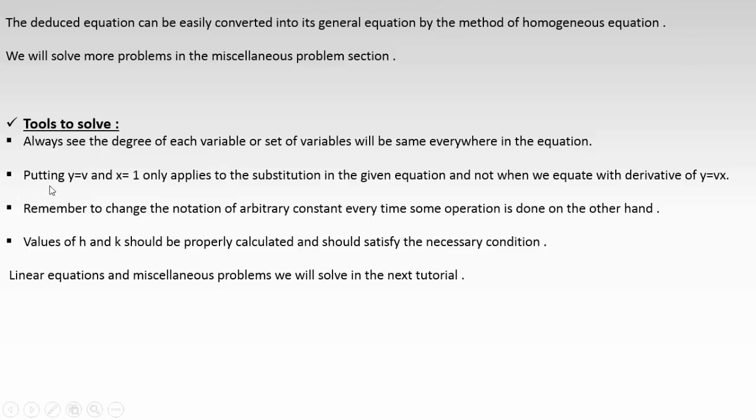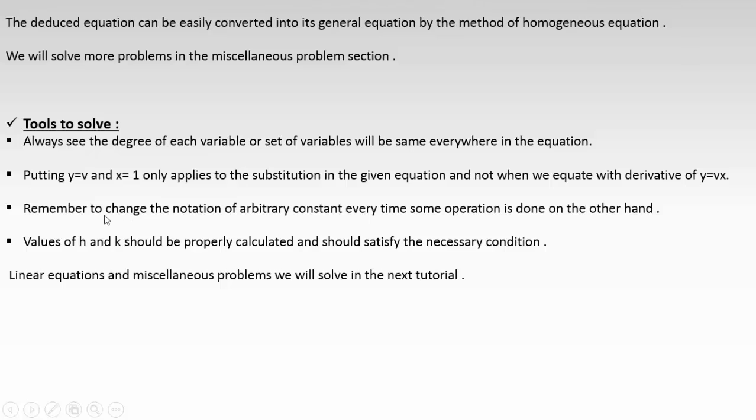Okay, so putting y equals v and x equals 1 only applies to the substitution in the given equation, and not when we equate with the derivative of y equals vx. Exactly, that is what I have told you before. We have to just put y equals v and x equals 1 only in the given equation. I am repeating it again and again because it's a common mistake everyone makes when performing our shortcut method.